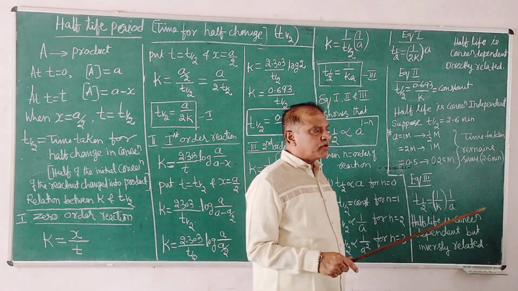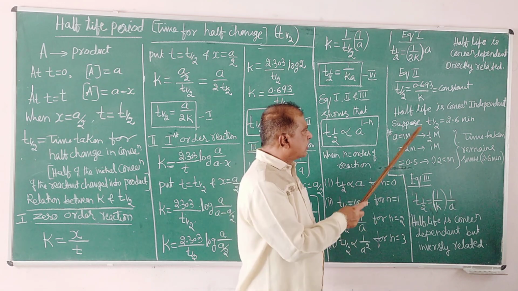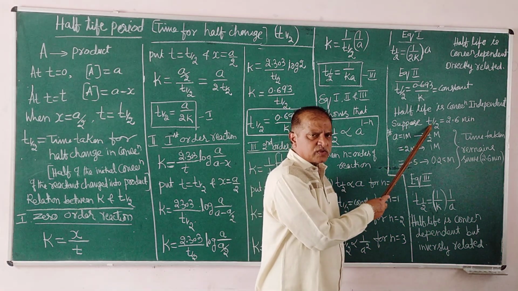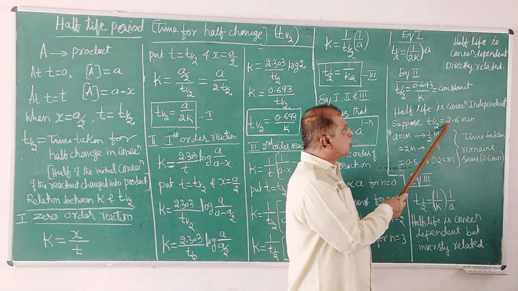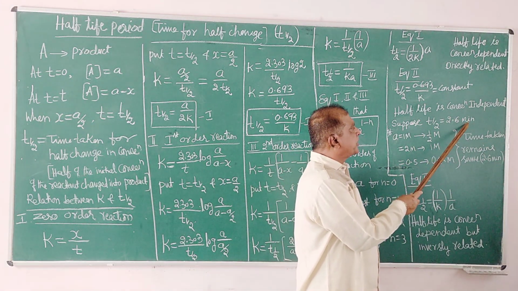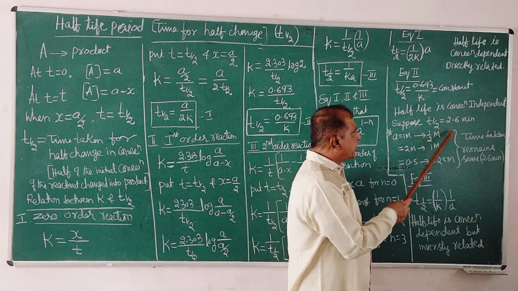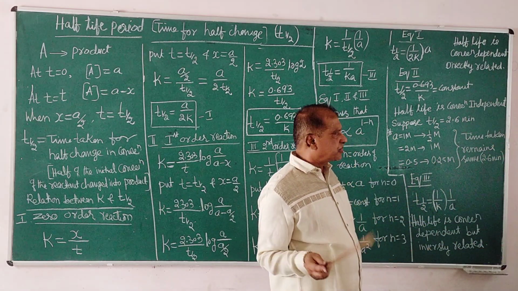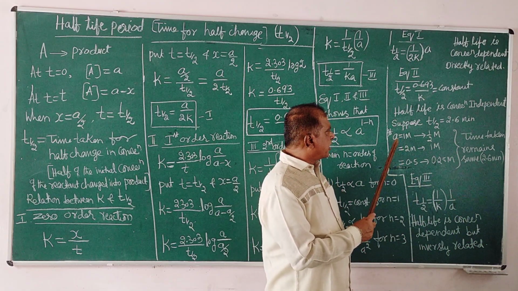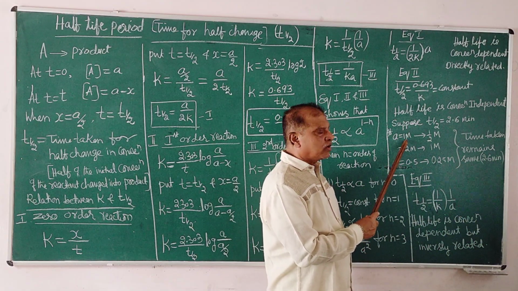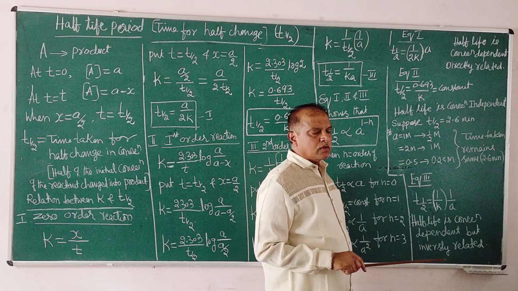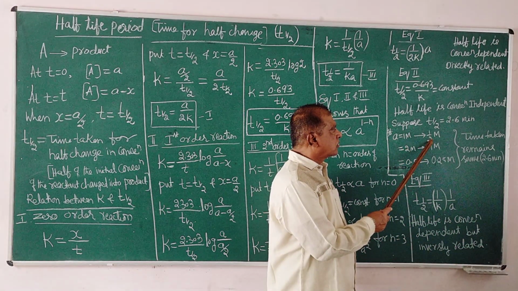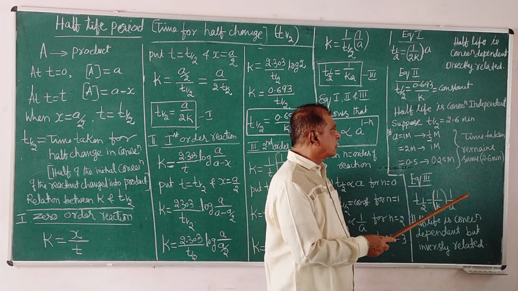So let us look into the details of this. Suppose the half-life of a first order reaction is 2.6 minutes, just one simple example. In this duration, half of the reactant concentration changes. If the initial concentration is 1 molar, 1 mole per dm cube, the change to half a mole takes the half-life.